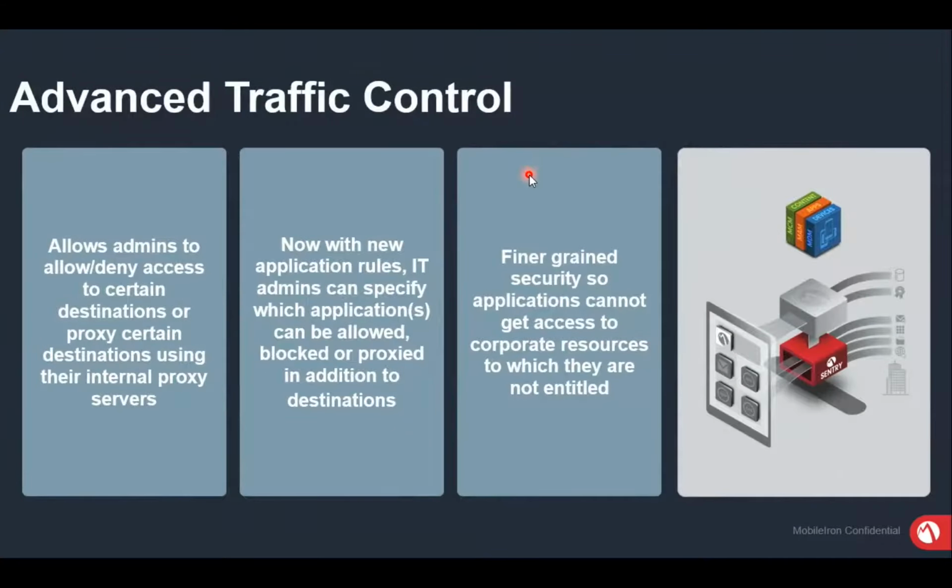And we have granular control. So the admin can allow or deny access to a particular destination on the Sentry. Sentry will always check whether the device is authorized or authenticated to view the corporate resources in the backend. And it can also specify which application is allowed and which application is not allowed.